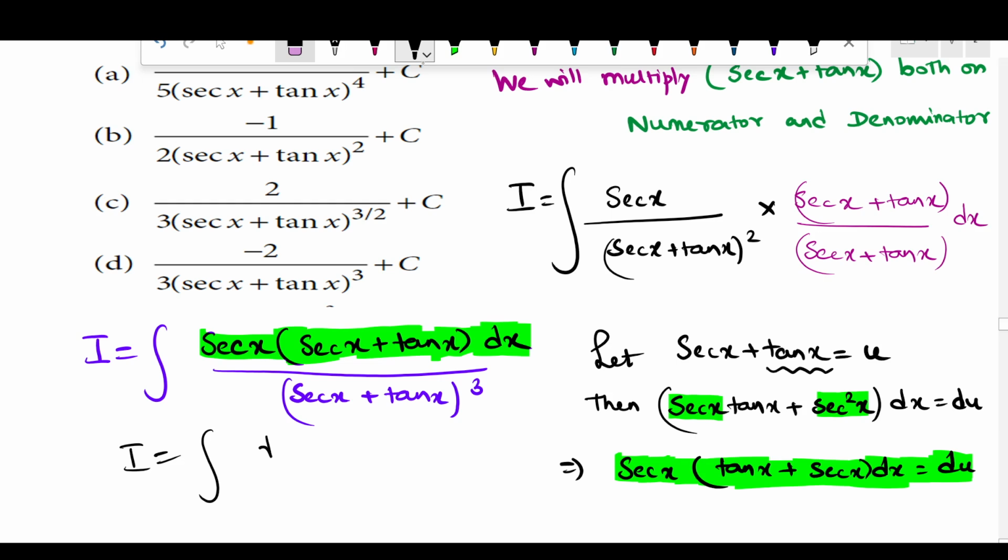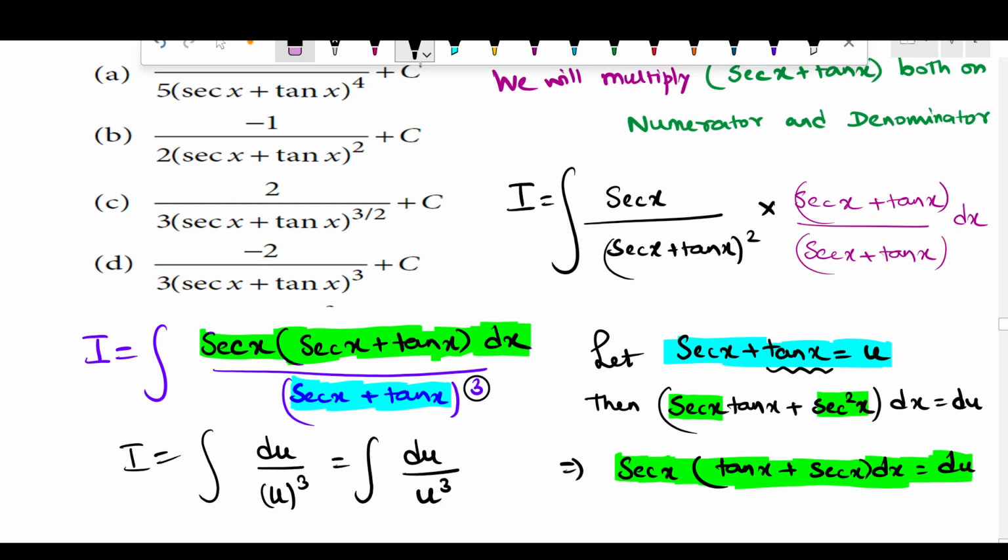So this numerator will be du divided by, in place of secant x plus tan x, we have to put u, right? U, then cube, right? Don't miss this cube. This changes to du by u cube, right?